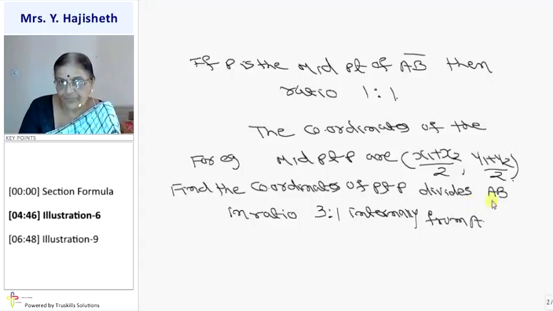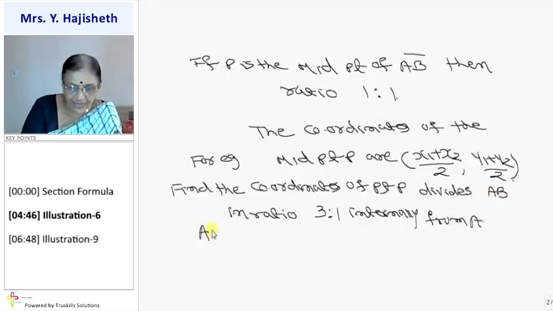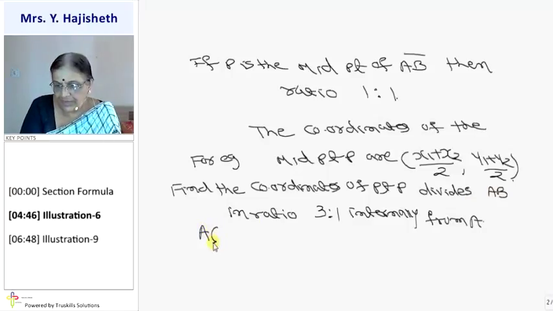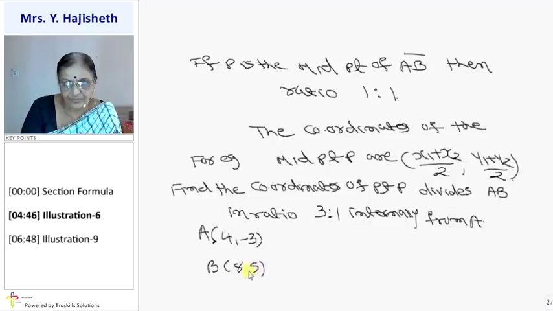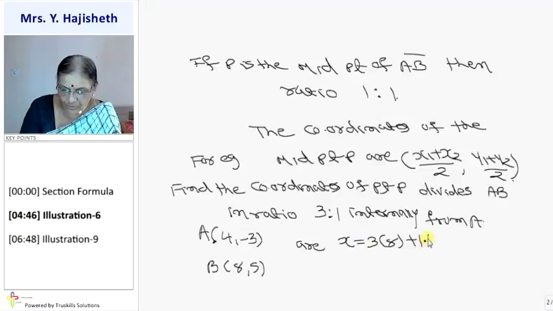From A, where coordinates of A are given as (4, minus 3) and B are given as (8, 5). कोऑर्डिनेट बोलो तो? X will be (3 into 8 plus 1 into 4) upon 4. So it is coming 7.